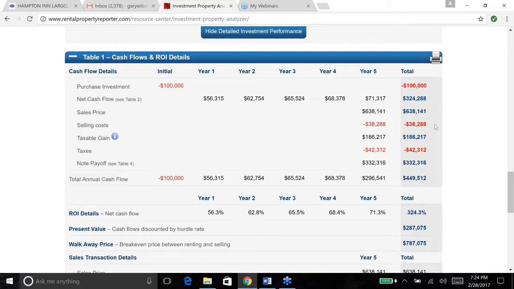In other words, you've got commission in there and so forth. And you have a taxable gain of $186,217. That's your net gain when you factor in your cost basis and depreciation recapture and all that kind of stuff. If I name a term that you're not familiar with, guys, just let me know. You can actually Google it.